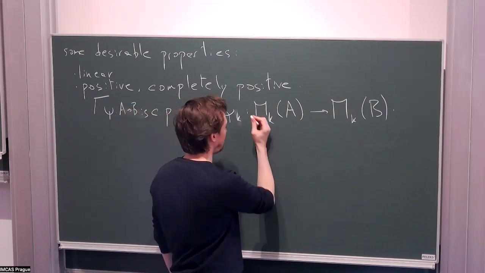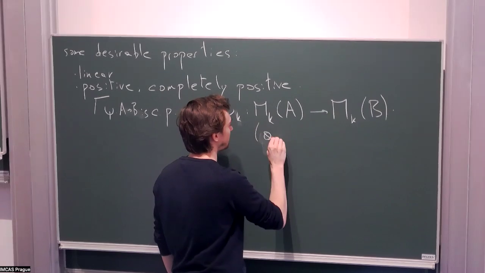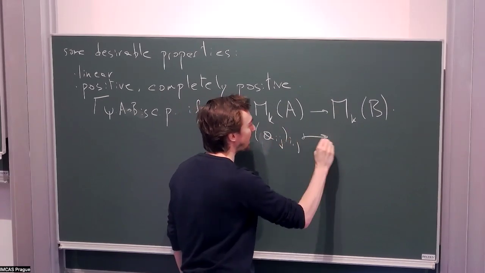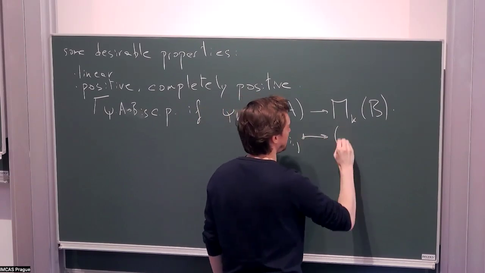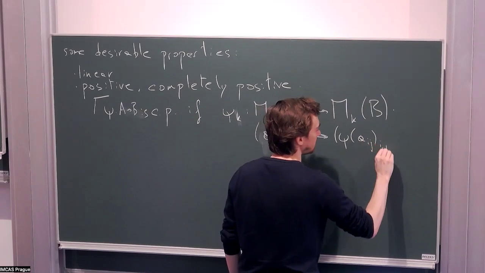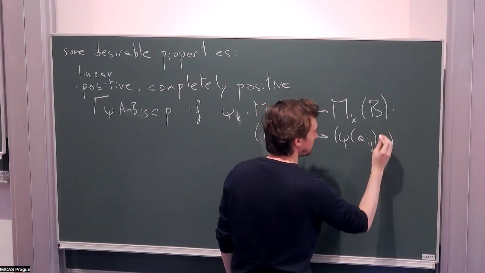So let's say a matrix (a_ij) in M_k(A), map it to (psi(a_ij)).